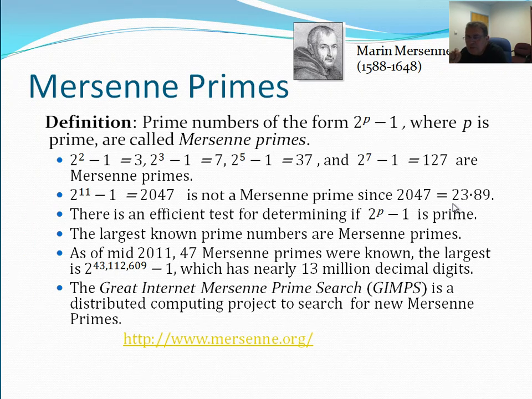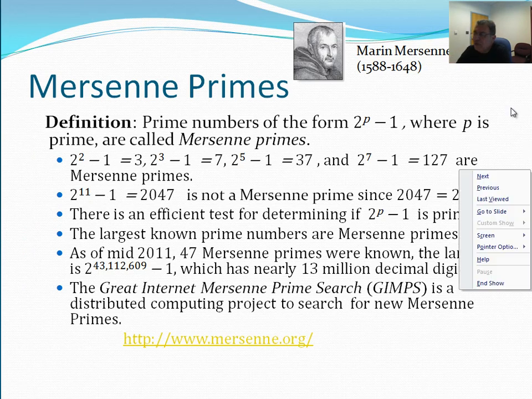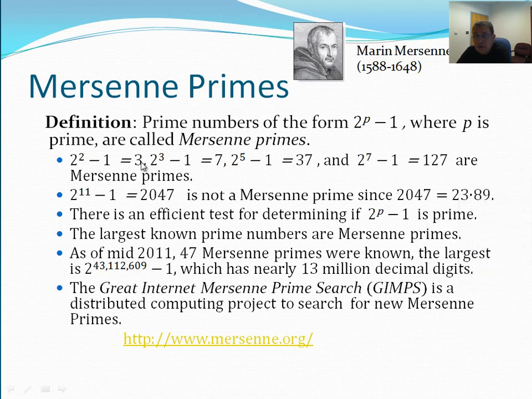So the Mersenne numbers are the ones that qualify to be in this form. For example, 3 is a Mersenne prime, since we can write 2 to the power of 2 minus 1 is equal to 3, or 7 is a Mersenne because I can write it that way. Now 23 and 89 are not that.